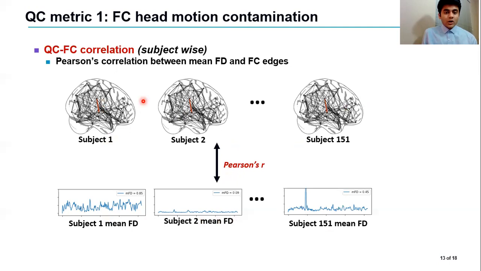And this is done for all edges in the functional connectivity matrix. This gives us a measure of how contaminated or how associated the functional connectivity values are with head motion. Ideally, this would be close to zero or zero, which would indicate there is no relationship between head motion and functional connectivity.